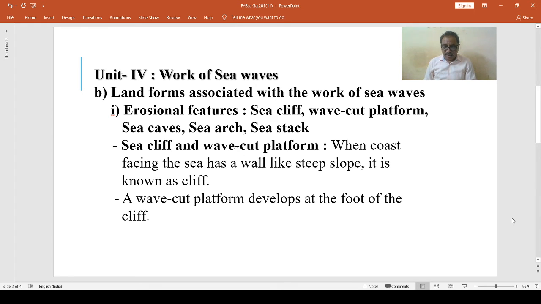This is known as a fully developed stage. A wave cut platform is a small feature. It is generally observed with an angle of less than 4 degrees at the foot of the cliff.